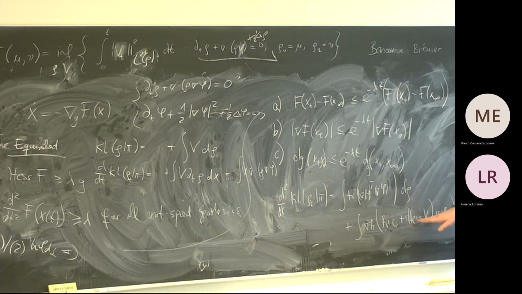And then we just get the Hessian of V. So from this, we get that the Fokker-Planck equation decays in these ways if the Hessian of V is bounded below by a constant lambda, which I guess Sam showed in an easier way using couplings somehow. But I think you get more with this. So I wanted to show this.